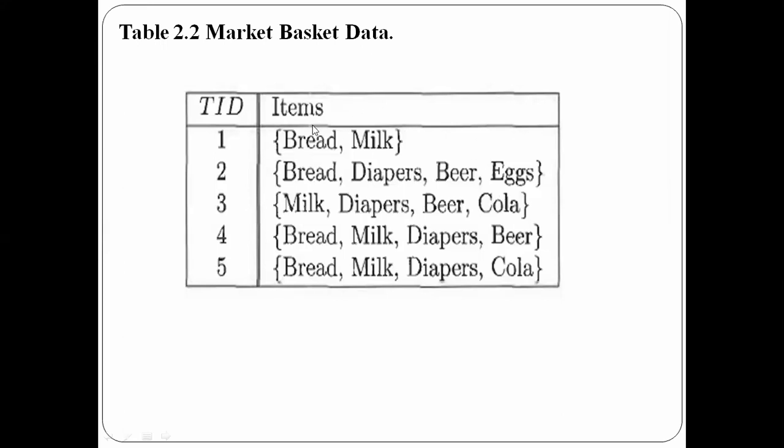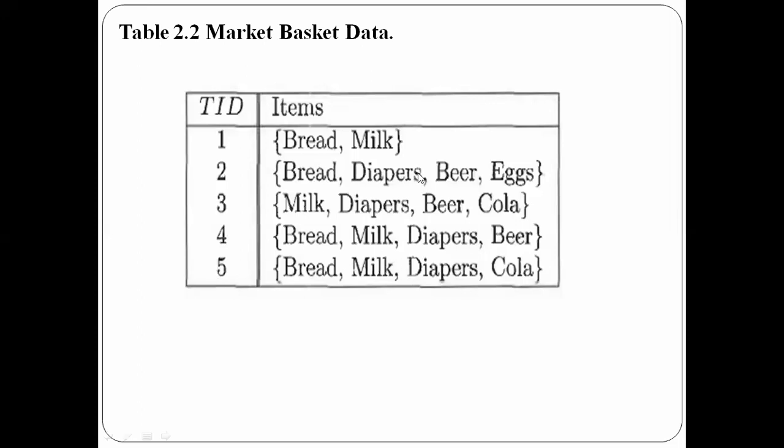As I told in previous classes, there will be some frequent items which are bought together. For example, if you look at these rows or transactions, bread and milk are bought together many times. In transactions one, four and five, they are bought together.